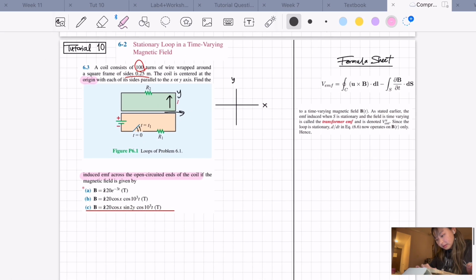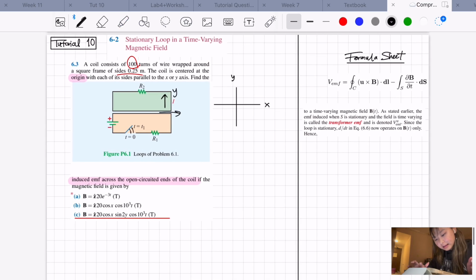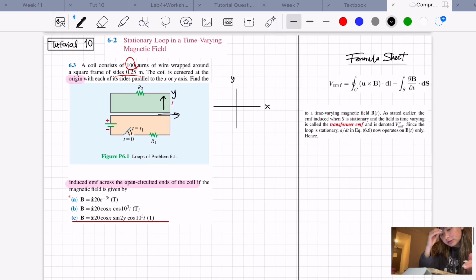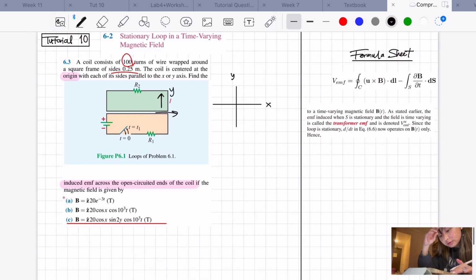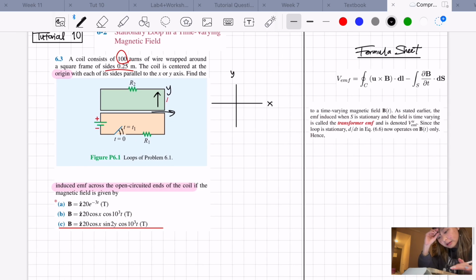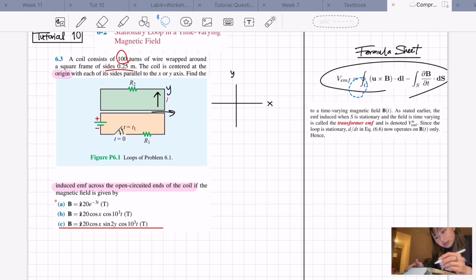And I'll get part C because they're more or less the same thing. What we want to consider is the current induced, the voltage in VEMF from the transformer and VEMF from the magnetic field. So the formula we want to talk about here is this formula from the formula sheet.